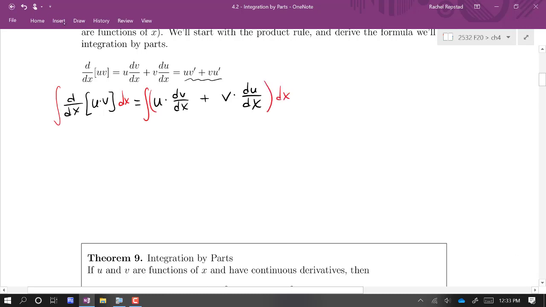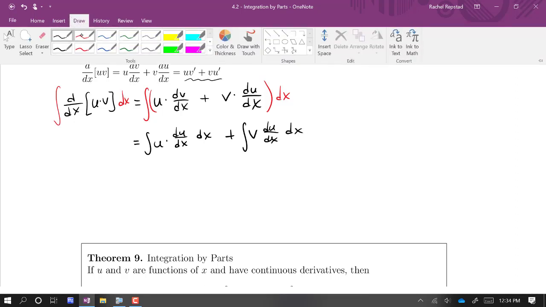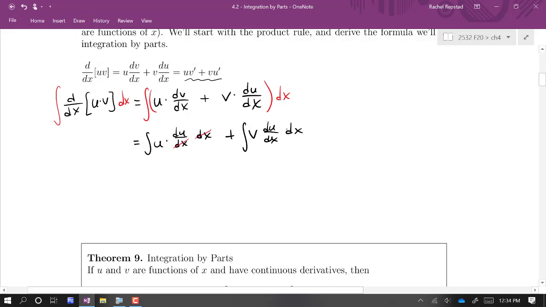Now on the right side, we're integrating a sum, so we can split this up over addition. And you can see we actually get these dx's to cancel. So we have the integral of u, oh, that should be a dv. I wrote that wrong here.